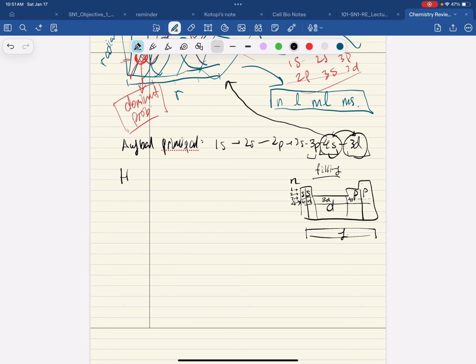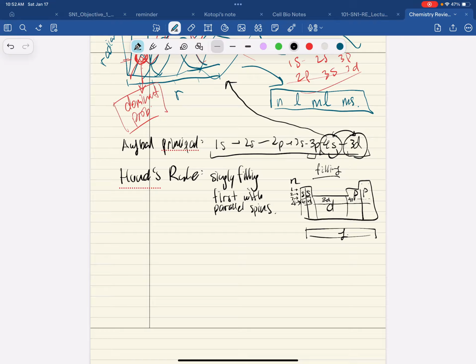And then we have Hund's rule. This is all about singly filling first, with parallel spins.